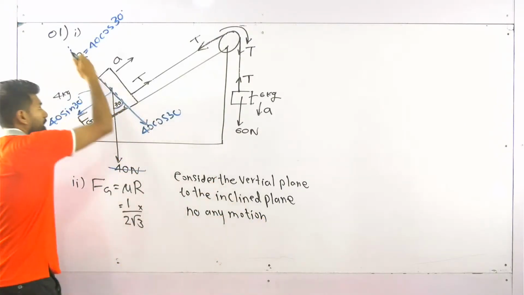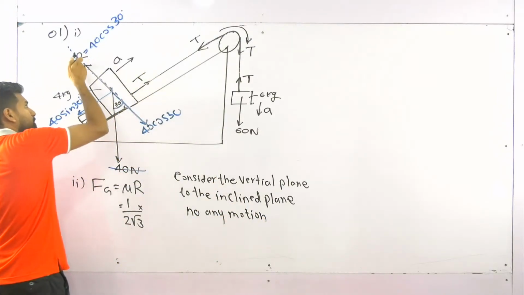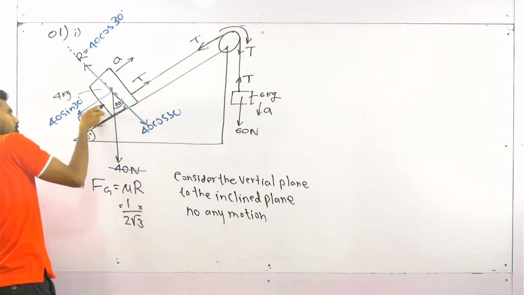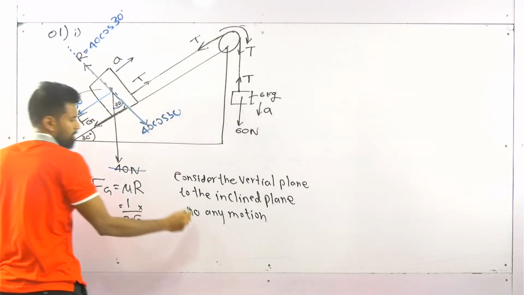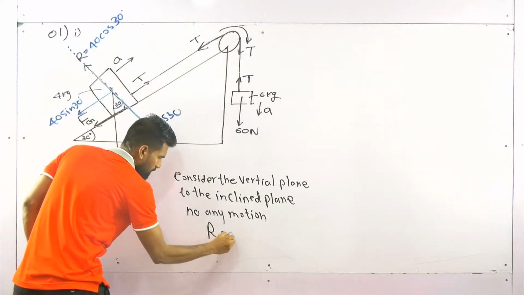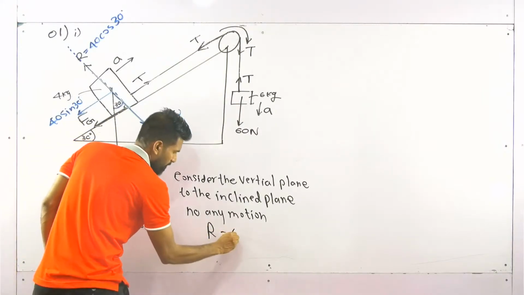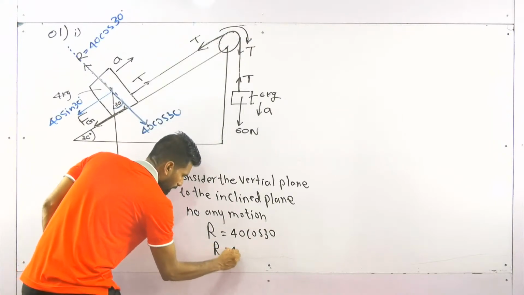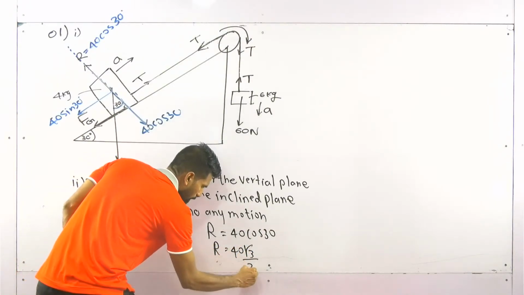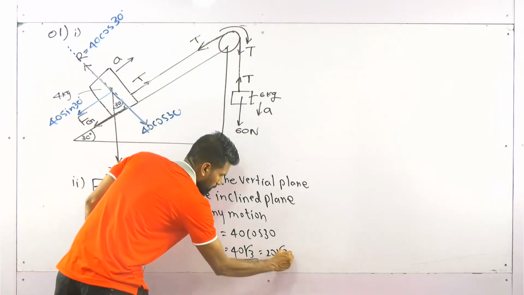The vertical plane to this inclined plane does not show a motion. The object only moves parallel to this inclined plane. So R should, value-wise, get cancelled with 40 cos 30. So R is equal to 40 cos 30, root 3 over 2, which is 20 root 3.